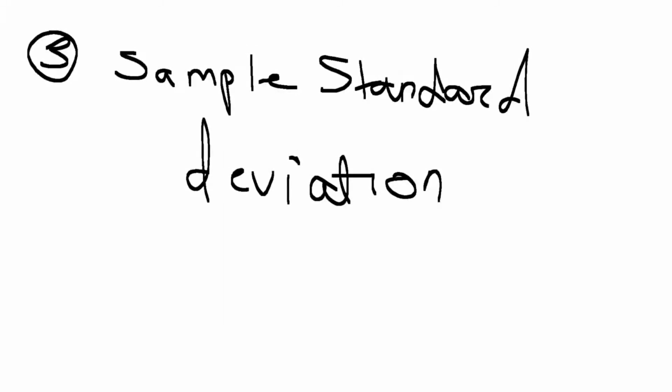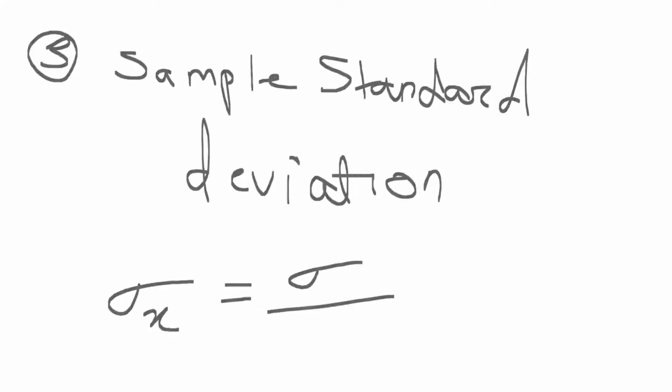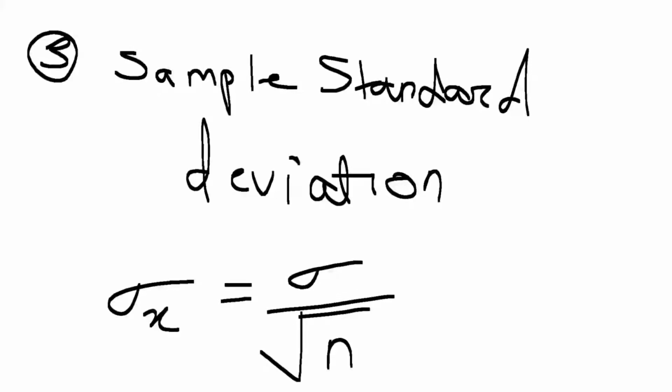What is the formula for the sample standard deviation? It is represented by sigma x, and the formula is sigma x equals sigma divided by the square root of n.